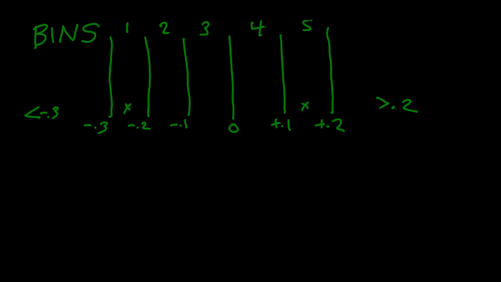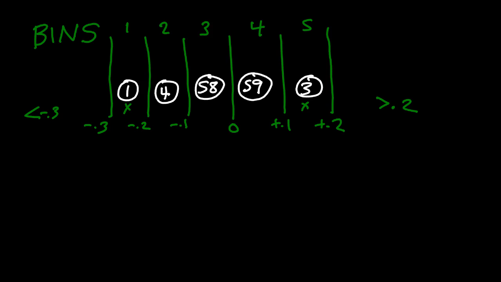And let's say that after I've gathered 125 points, it looks something like this. Let's say I've got one value here, 4 values here, 58 values here, 59 values here, and 3 values here. And there are no values above my upper bin or below my bottom bin.